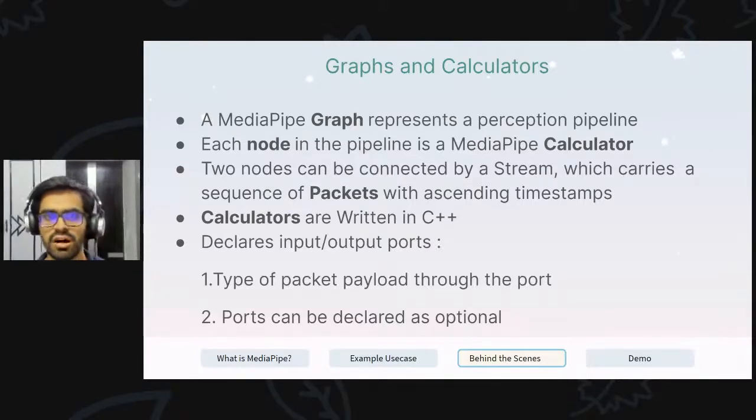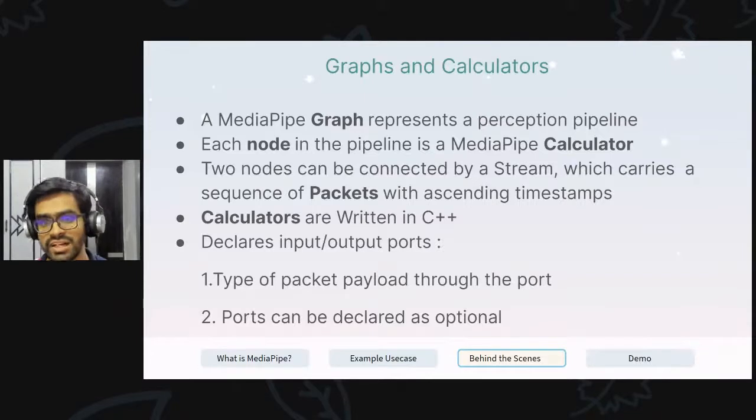On a similar basis, we have a MediaPipe graph that contains the entire perception pipeline. Each and every node that we have is called a MediaPipe calculator, and that is the main brain behind doing any kind of change we want to do. All those calculations happen inside of these calculators.